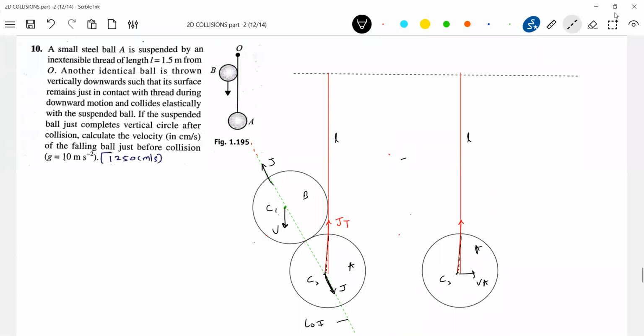Then what about the other ball? How will it move? An impulse will act, a component of impulse will act vertically, and the other component of impulse will be acting here. So let's show the situation of the other ball.